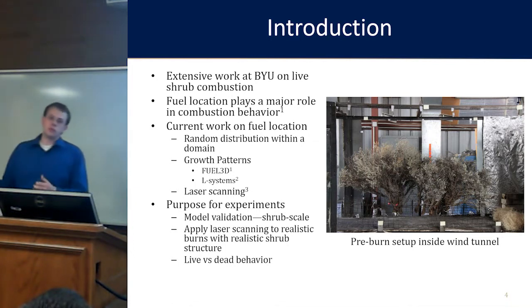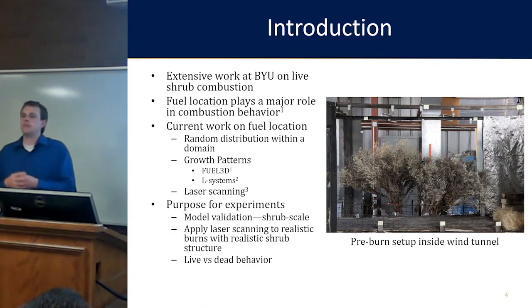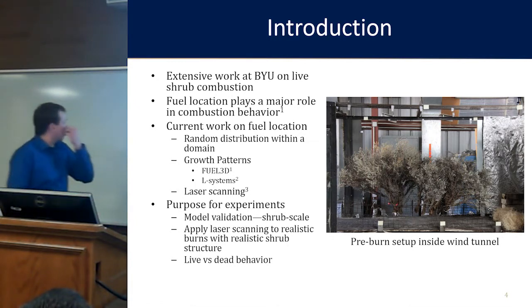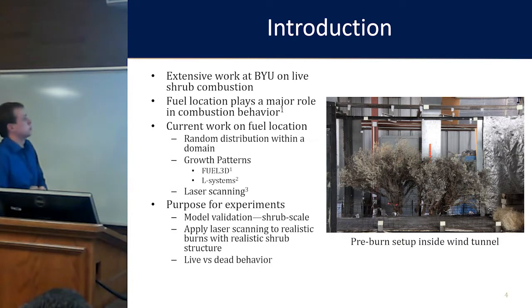And burning characteristics were very different. And so they concluded that the actual placement of a leaf or a branch matters, not just overall how much stuff is there to burn. So we have started doing some experiments to try and understand a little bit more about that.